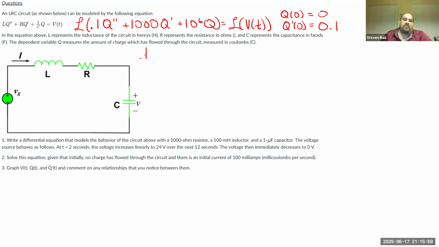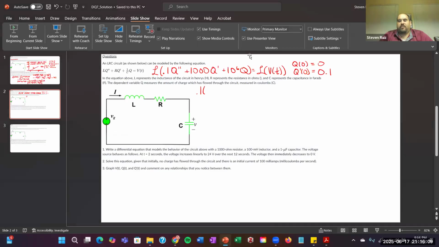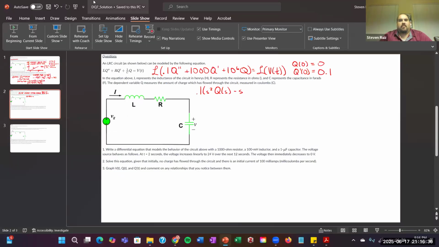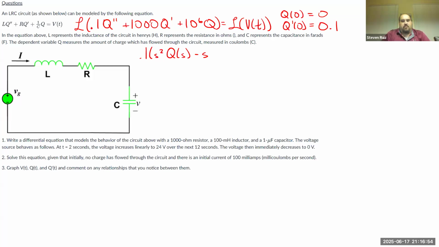Okay, so now that we're going to transform this, we have 0.1 times the Laplace transform of Q double prime, which is what? s squared F of s, so s squared, I'll call it Q of s, minus s times Q of 0, which is 0, minus Q prime of 0, which is 0.1.